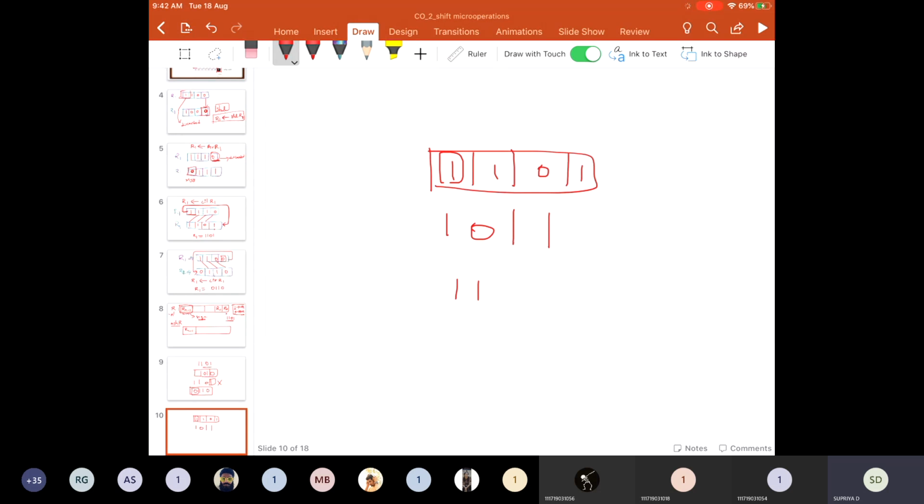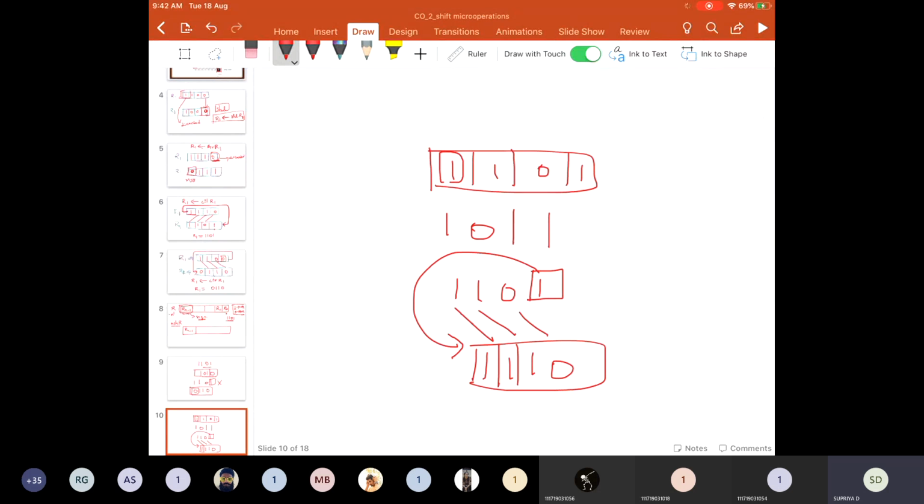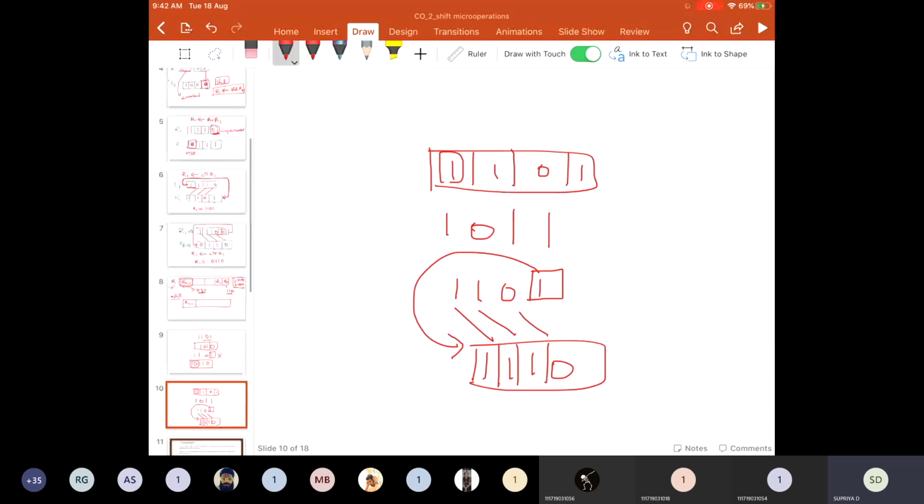And for the same number, if you are performing circular shift right, initially we will be moving each bit to the right by one position, so it becomes 110, and instead of discarding, this bit will be inserted as the most significant bit, and this will be the number after performing circular shift right.